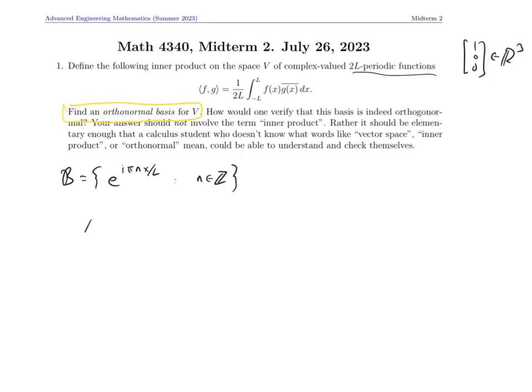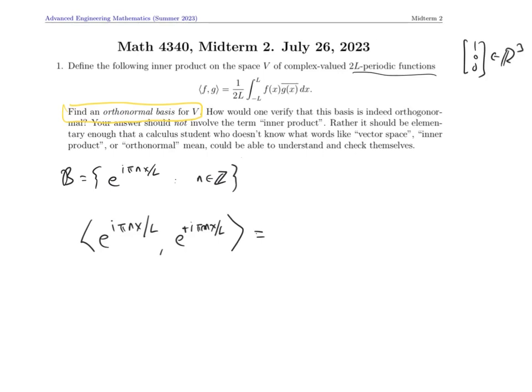So that just means that the inner product of two of these things, e to the i pi nx over L, or e to the i pi mx over L. So if you take two of these things and you take the inner product, again, a calculus student wouldn't know what this means.